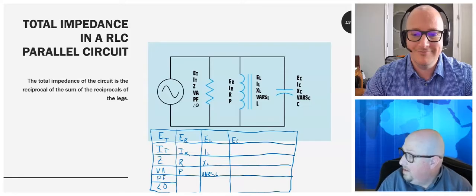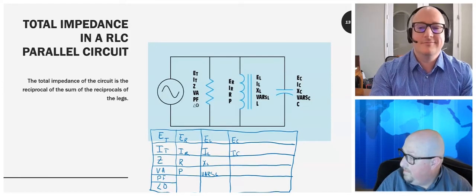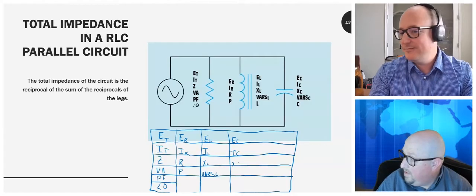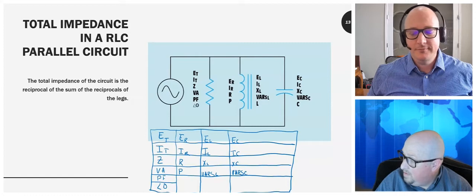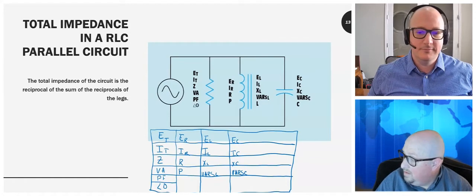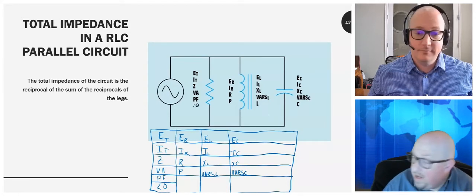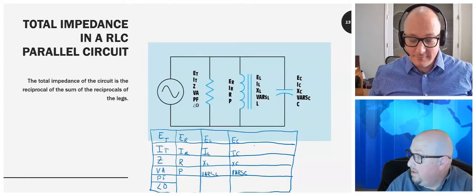That's a capital I, X of C, and my VARs C. So I don't know if you caught that, but I had my capacitive and my inductive a little bit backwards.